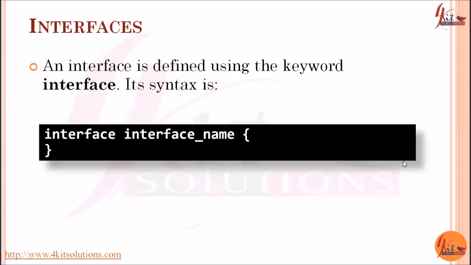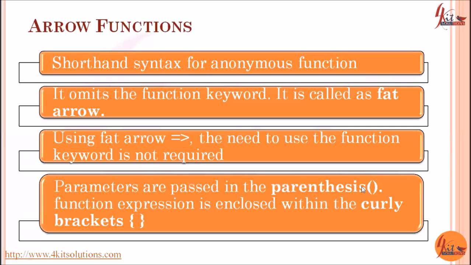Now let's see what arrow functions are. It is a shorthand syntax for anonymous functions. Anonymous functions are those functions which do not have any name. These functions can be defined inside another function as a parameter of that function.